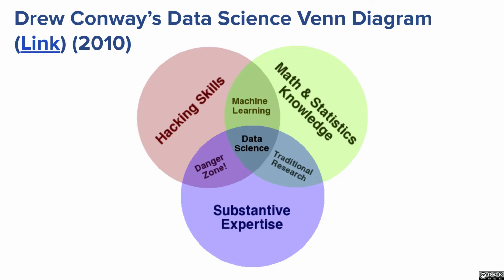This diagram has undergone some hot debate since 2010, and people have made 4 bubble Venn diagrams and 5 bubble Venn diagrams, and no one can really agree on what exactly constitutes data science. But I hope to show you in this class that regardless of how you define it, if you have some basic skills, you can find some interesting insights from your data.